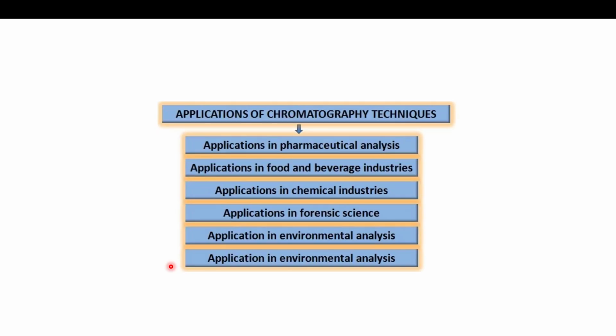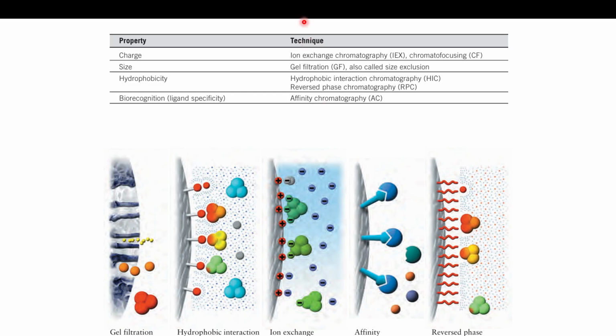Okay. So there can be different applications of chromatographic techniques. Now, the different properties that are actually used to separate for different kinds of chromatographic techniques: the overall charge on the molecule of interest or on the analyte can be used in ion exchange chromatography or chromatofocusing.